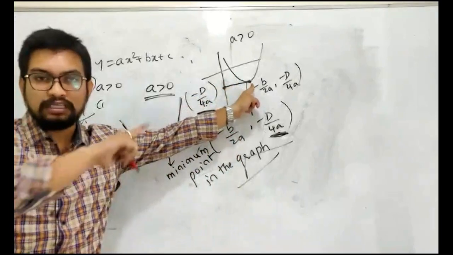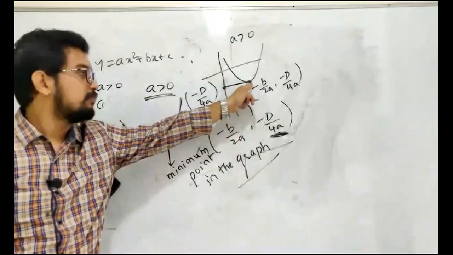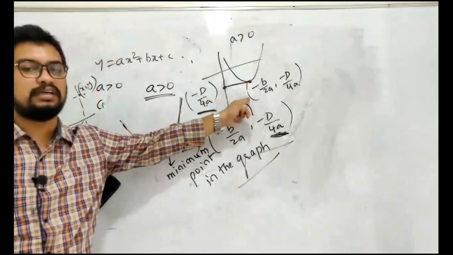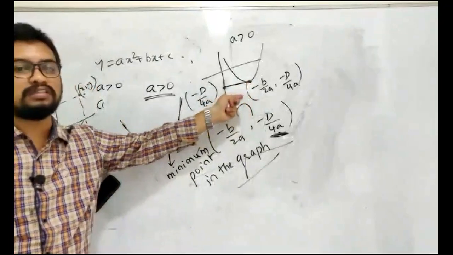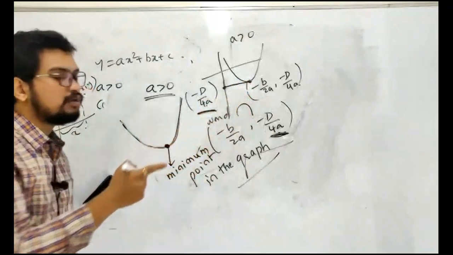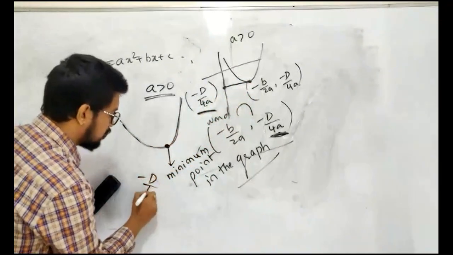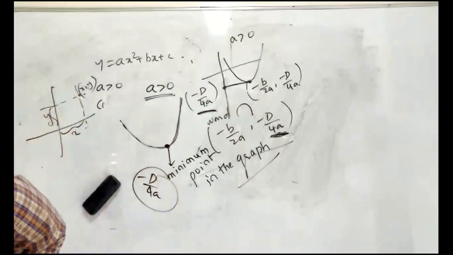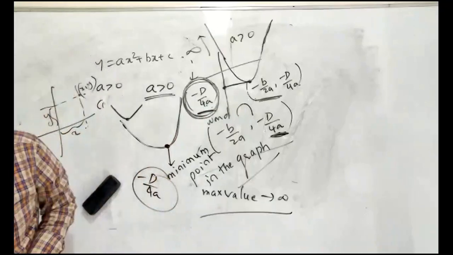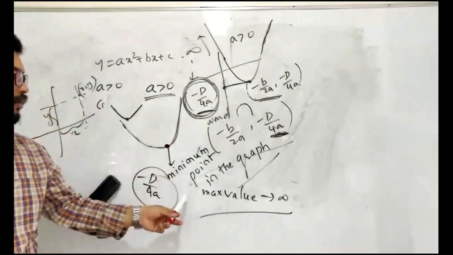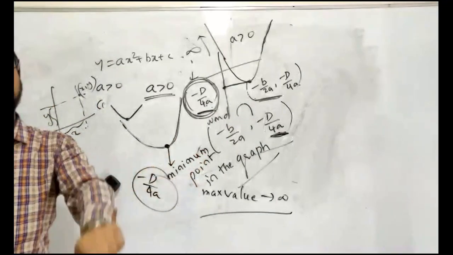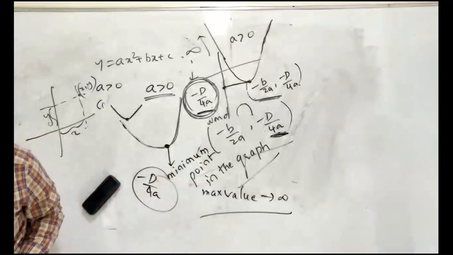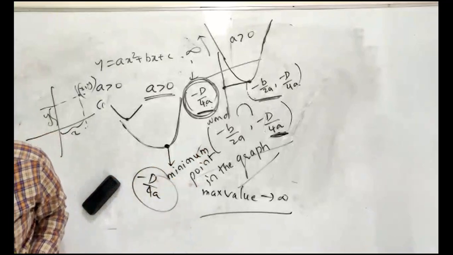There is no graph existing below this, so I cannot take anything below into consideration. So the minimum value in such a case is minus D by 4a, and the maximum value tends to infinity.